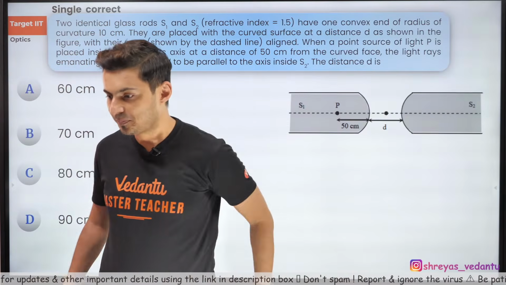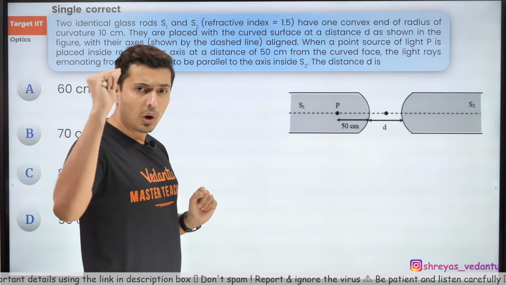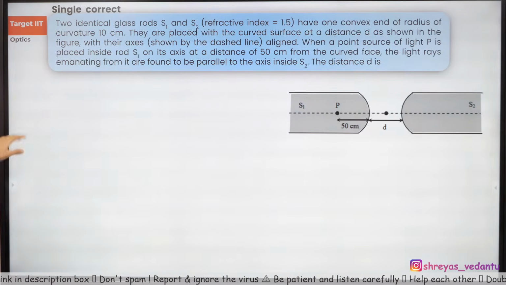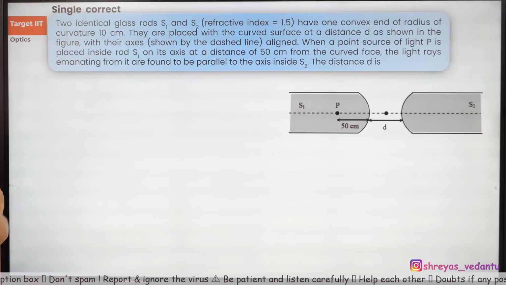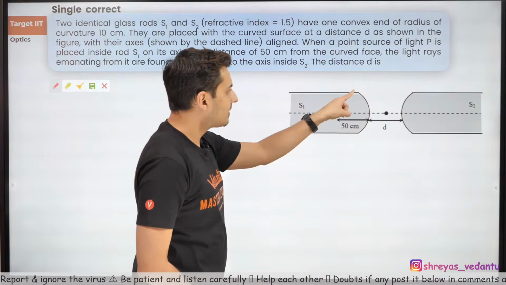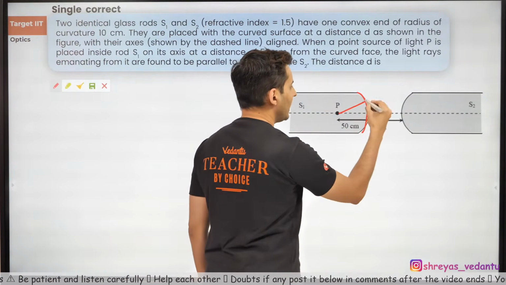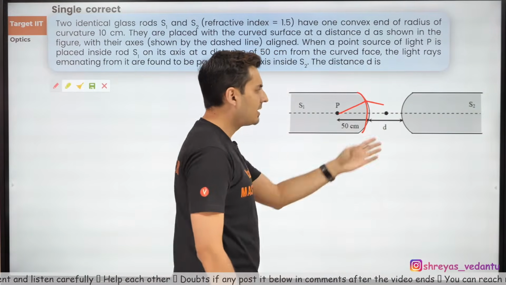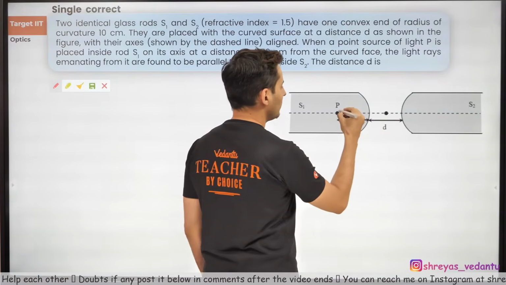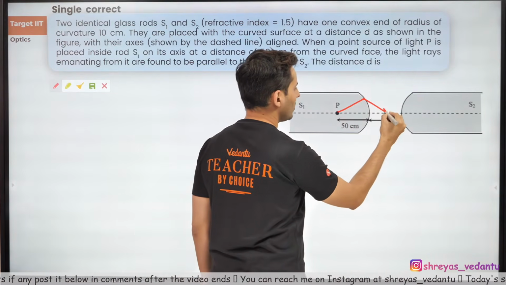That's the question. Now, here is the thing that you need to do. Concentrate all your focus on my explanation. Let me just get rid of these options. I don't need this anymore. All right, so let's do this. First of all, this is a curved surface. So at a curved surface, this light will refract. It might form some image somewhere. I don't know where it's going to form. Let's just assume that the rays which refract over here form an image, let's say over here.